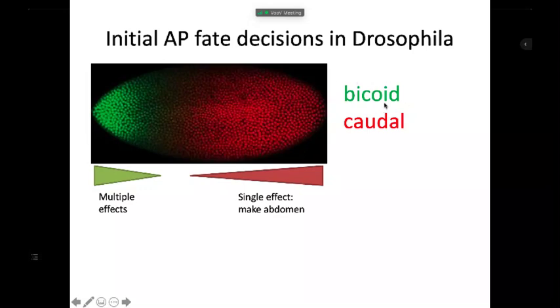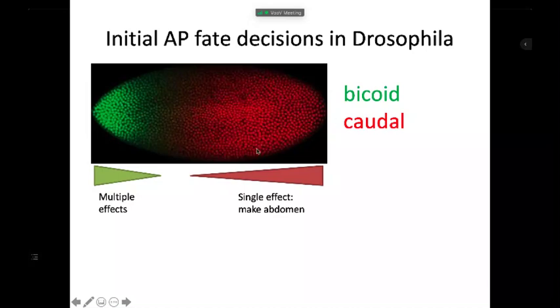And remember that bicoid had multiple effects across the anterior-posterior axis based on the concentration of bicoid.